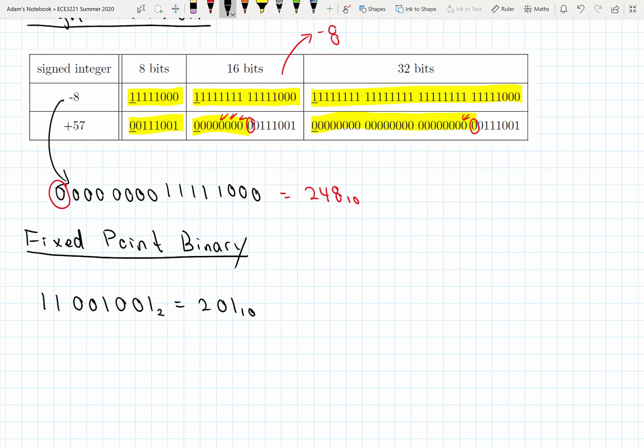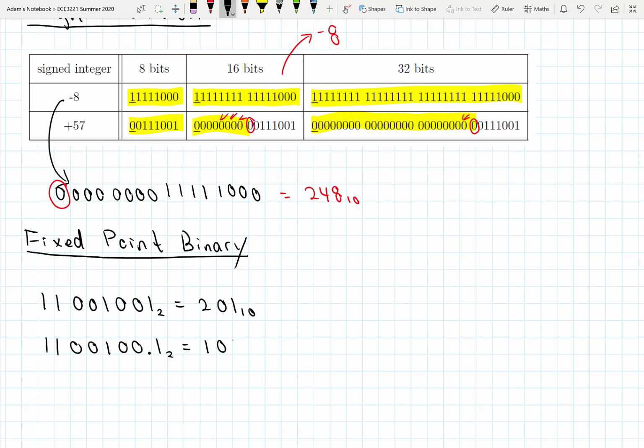Well, if I were to shift those bits 1 bit to the right and assume that I can represent a decimal point, this value is in fact divided by 2.